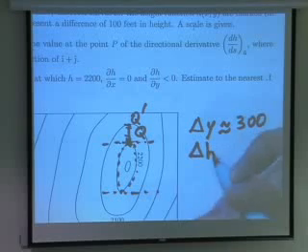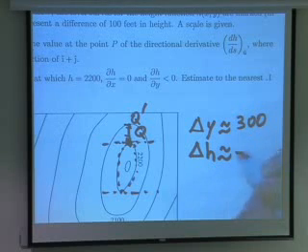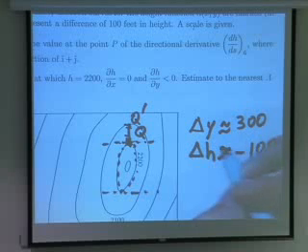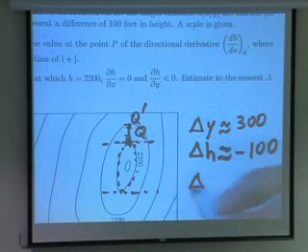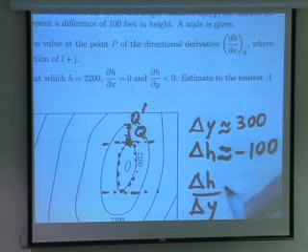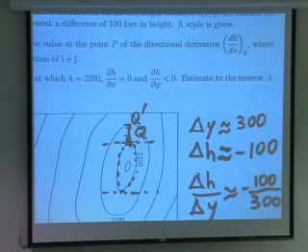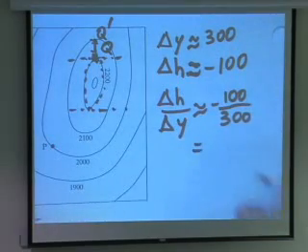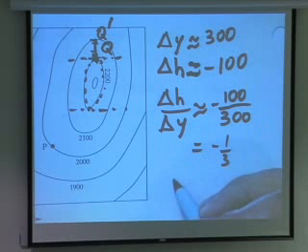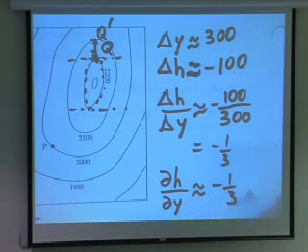What's the change in height when you go from q to q prime? You go down from 2200 to 2100, that's exactly minus 100. So delta h over delta y is about minus 100 over 300, which is minus 1/3. That's an approximation for the partial derivative. So that's how you would do it.